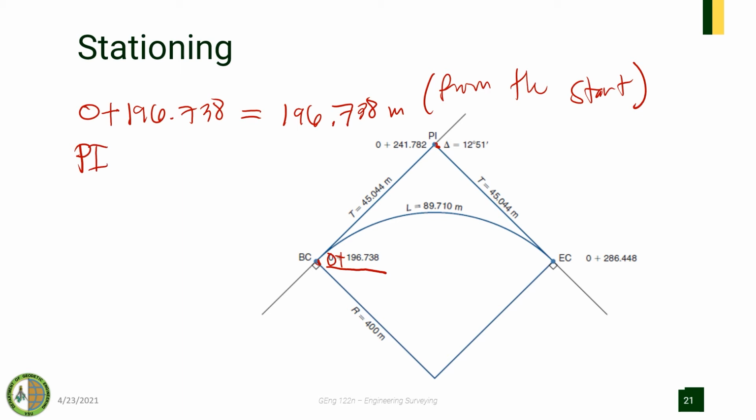Since we are using metric or SI units, we will stick to this kind of stationing. So 0 plus 196.738 is just equivalent to 196.738 meters, let's say, from the start.